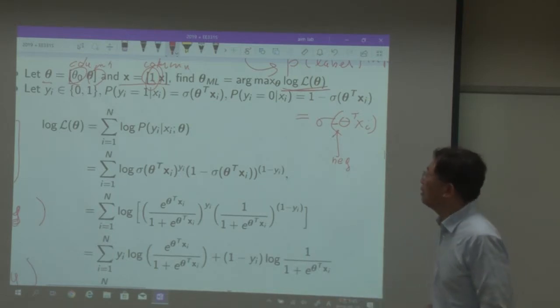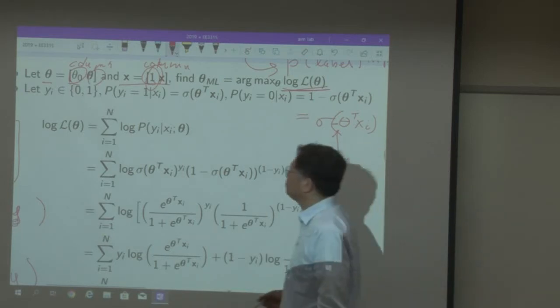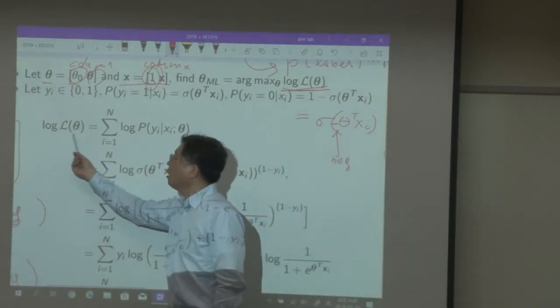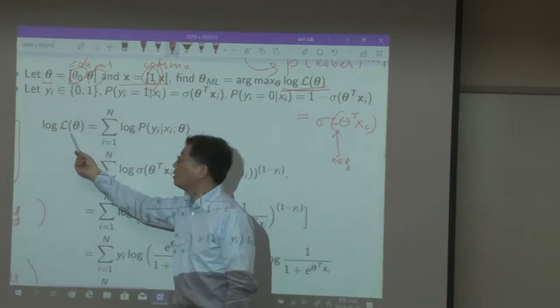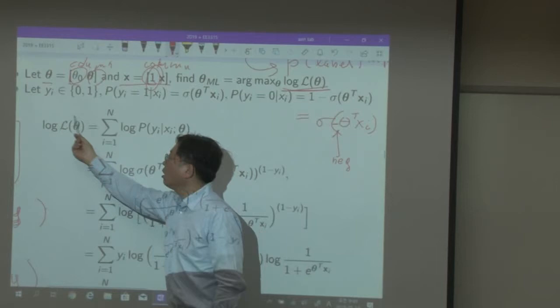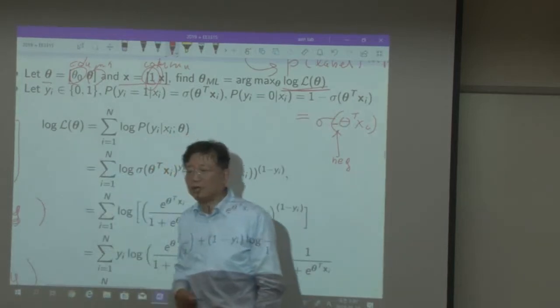Okay? So now here it is. Log of the likelihood. Log likelihood, we call that. Log likelihood is a function of theta.